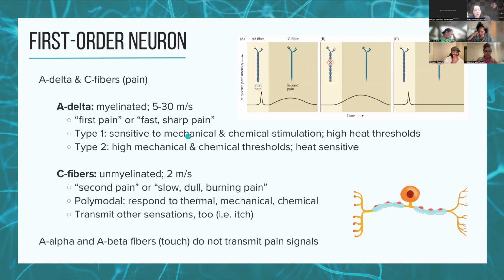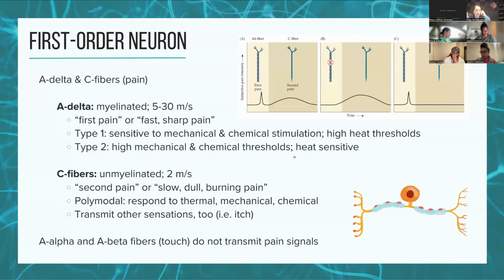Type 1 is more sensitive to mechanical and chemical. Type 2 is more sensitive to thermal. C fibers are smaller, they're unmyelinated, and so they transmit that action potential a lot slower. They usually transmit what we call second pain, which is slow, dull, or burning pain. And they also transmit other sensations too, like itching.